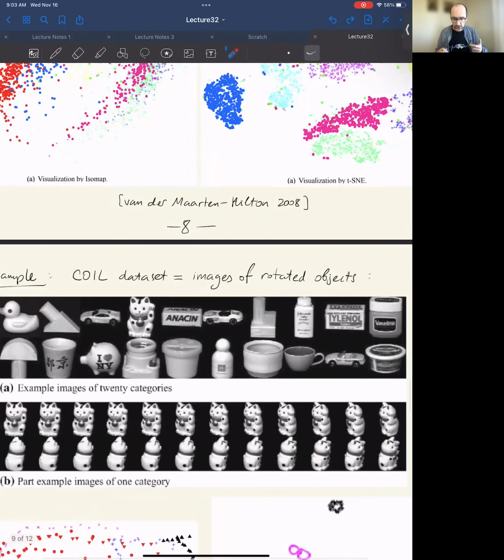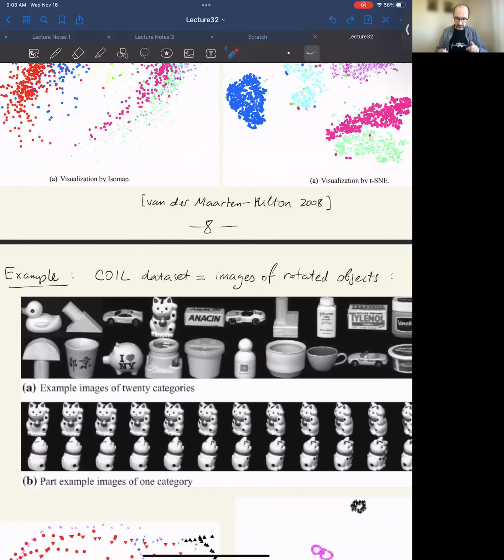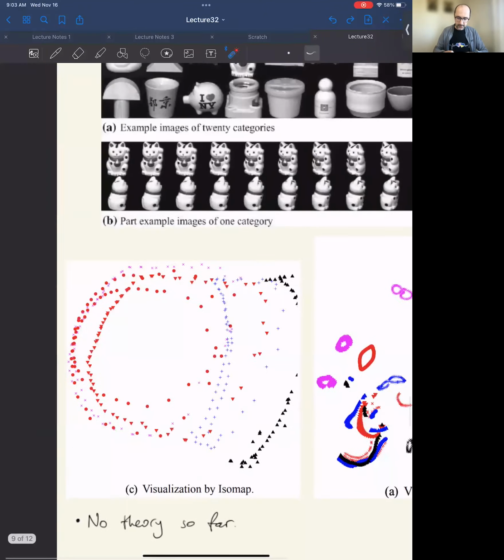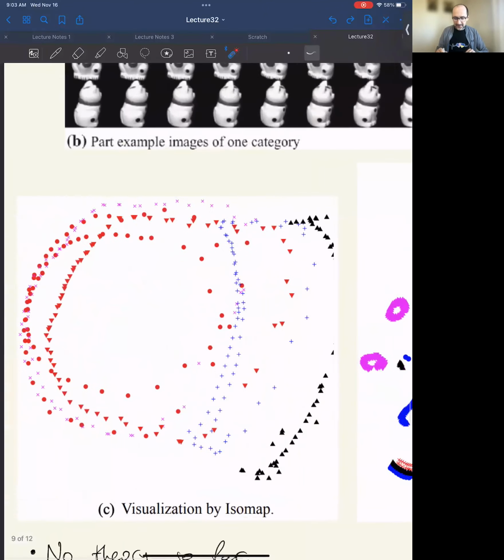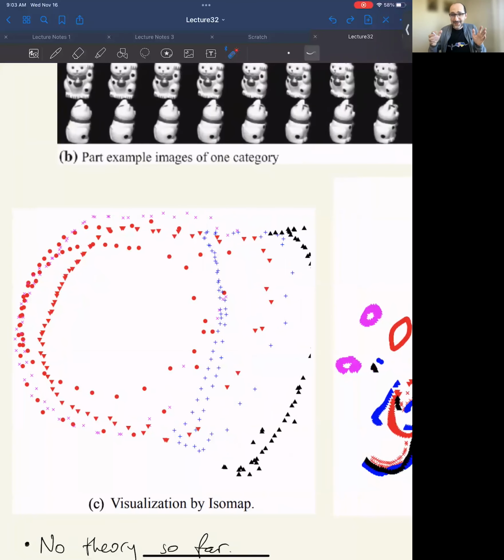And we do this for each image. Okay, this is Isomap. And by the way, it's not clear that any low dimensional representation would give you something like this, like circles, right? Rotation does not correspond to rotation in low dimensional space, but Isomap really does a good job. This is rotation of a cat, and this is maybe rotation of a car or something like this.